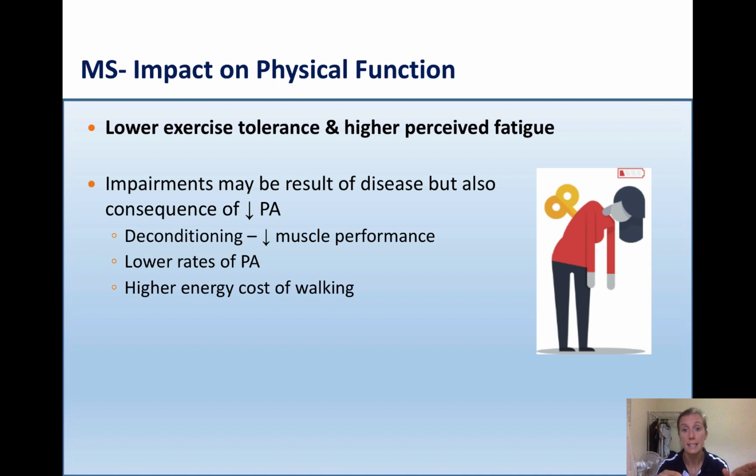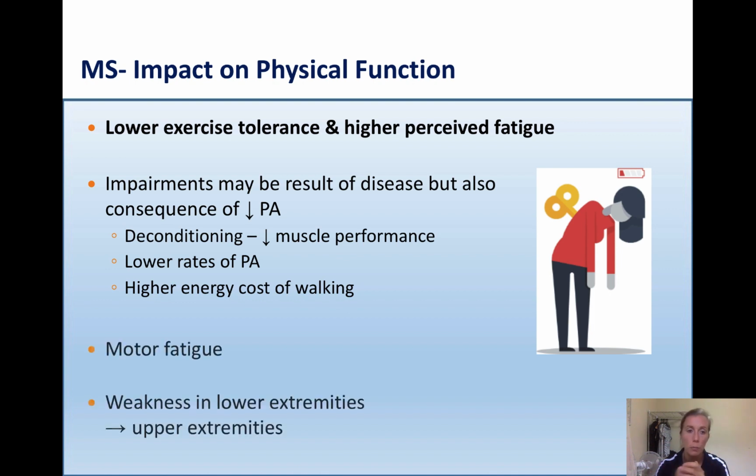We're going to be even less inclined to do exercise, and then activities of daily living, basic tasks, are going to become more difficult and have a higher energy cost. We can also see motor fatigue, and muscular weakness in the lower extremities. That's eventually going to progress into the upper extremities as well.